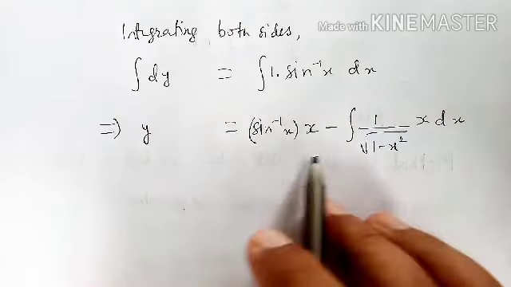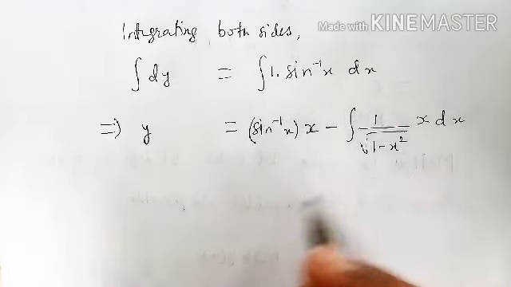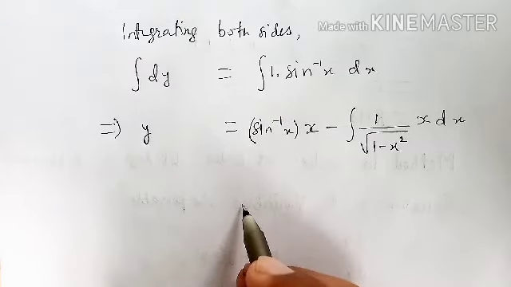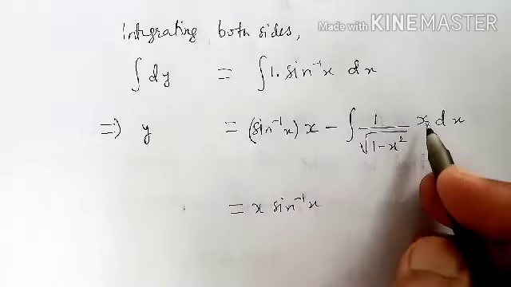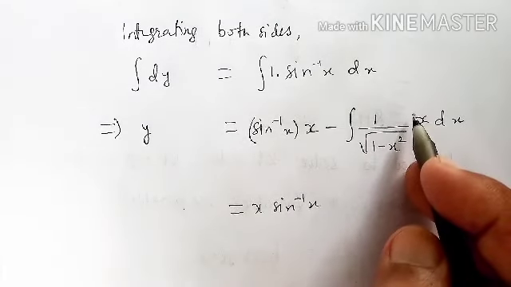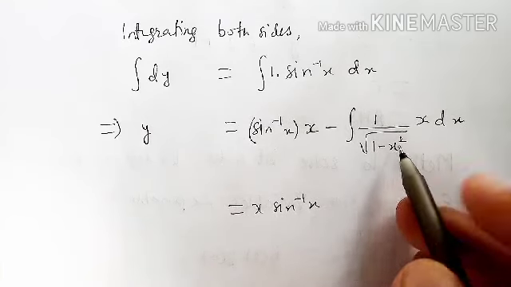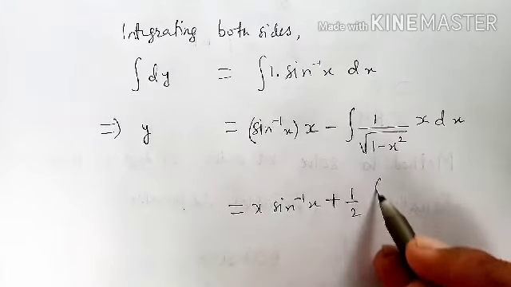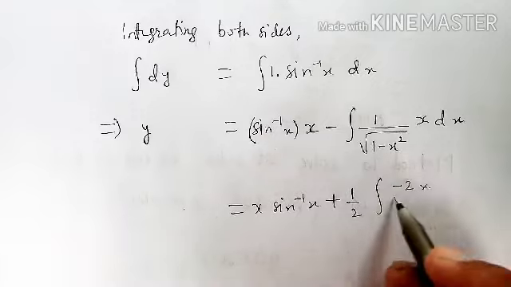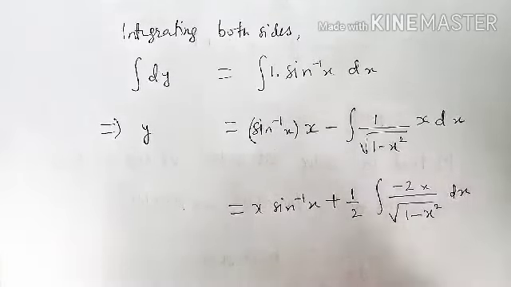Here I have applied integration by parts. So x sin inverse x. Here we have to convert it into a standard form. The derivative of 1 minus x square is minus 2x. So we can write it as 1 by 2 minus 2x by square root of 1 minus x square dx.